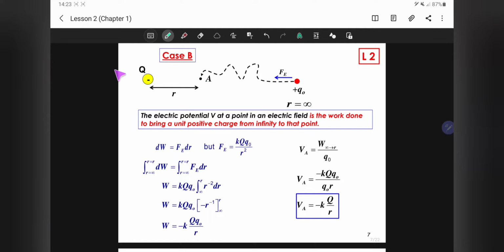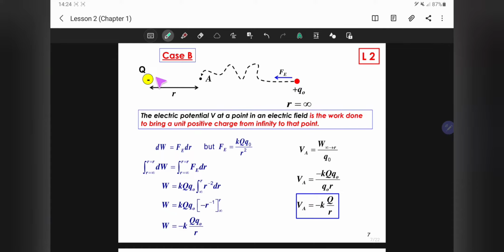Remember, for any area surrounding a negative isolated charge, the potential is also negative. How to prove that? Still the same, by using the same equation as before. But remember, the isolated charge is negative and the test charge is positive.